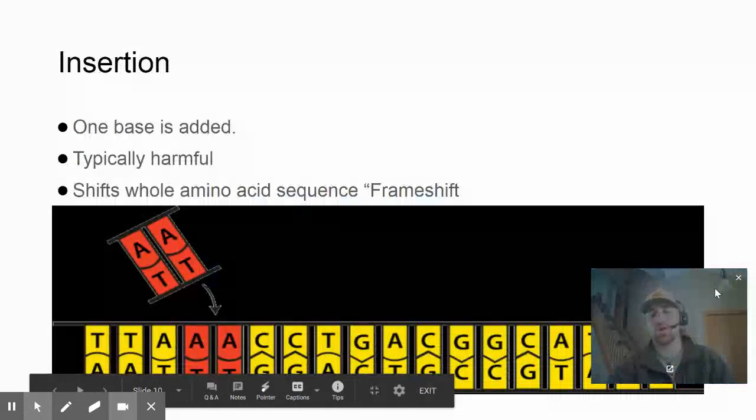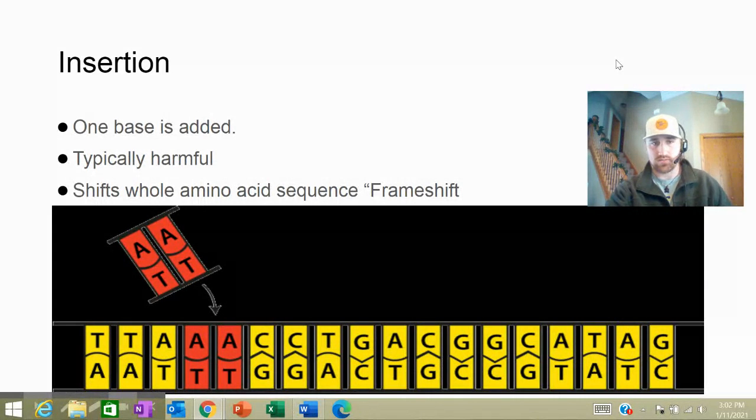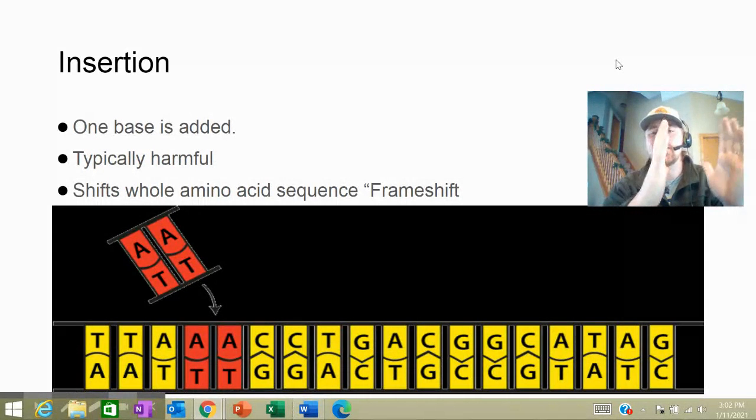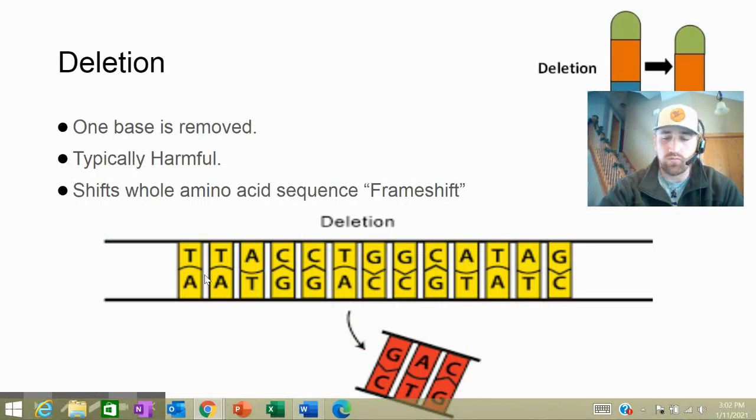The next one is called insertion. Insertion is when a base is added. Can it be more than one base? Yes. Is it typically harmful? Yes, it is. The reason for this is it shifts the whole amino acid sequence one way. This is what we call a frame shift.